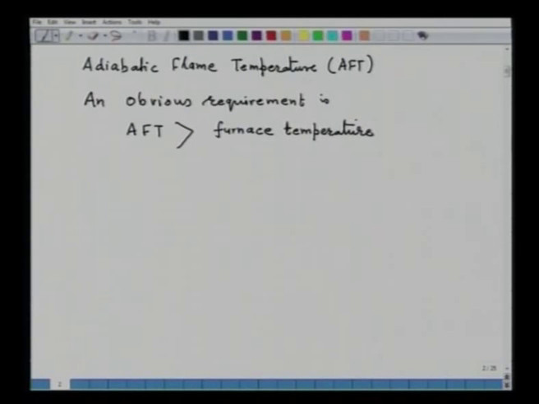Now, why is it so? If adiabatic flame temperature is equal to furnace temperature, then no heat transfer will occur and the charge will not be raised to the desired temperature.